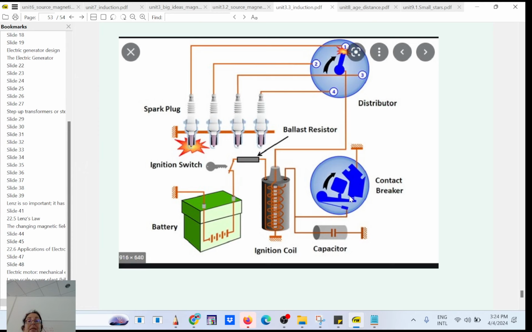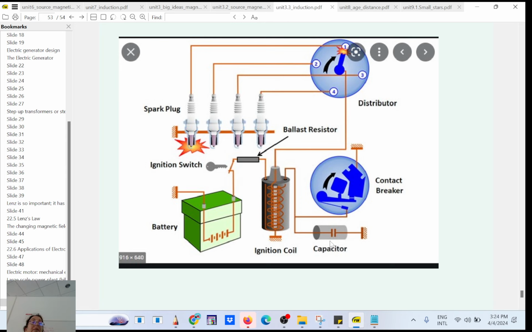So it's another application. Inside your car, you have an ignition coil. So the way it works is that the battery is going to charge a capacitor very quickly. It has to be the capacitor. You don't want to charge the coil because the coil, it takes time for the magnetic field to expand. The capacitor, you charge it like this, instantly.